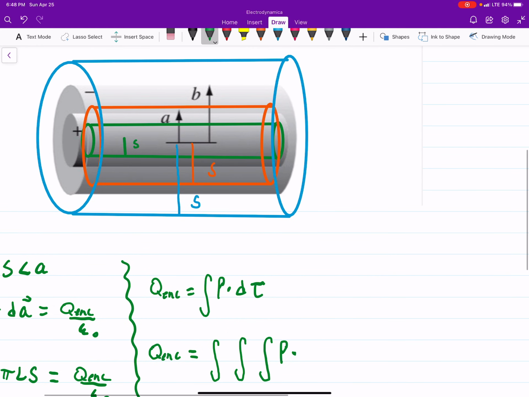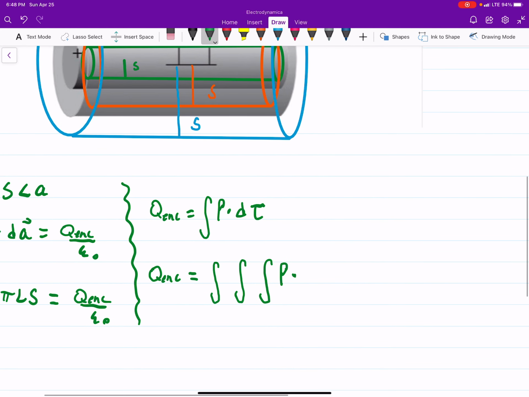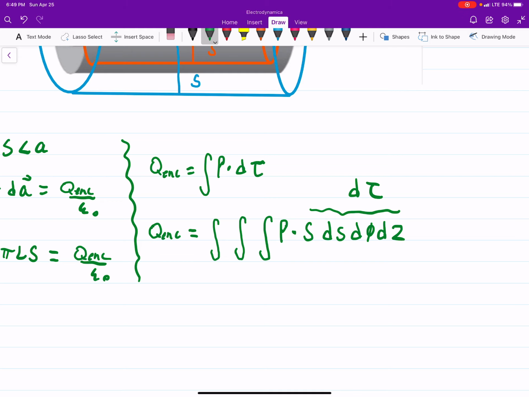This obviously has cylindrical symmetry, we can see that. If it didn't have any symmetry, then we wouldn't be using Gauss's law, but it does, and it clearly has cylindrical. So our dτ is s ds dφ dz. So this is our dτ, and now we need our bounds of integration.